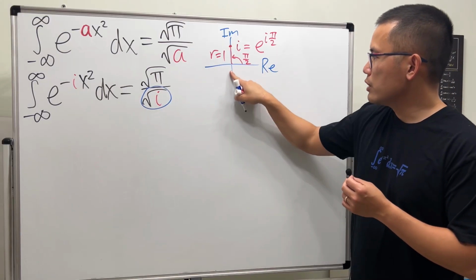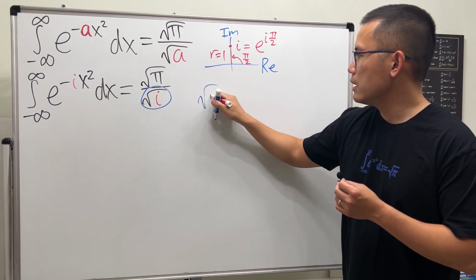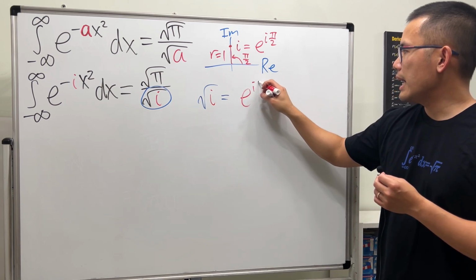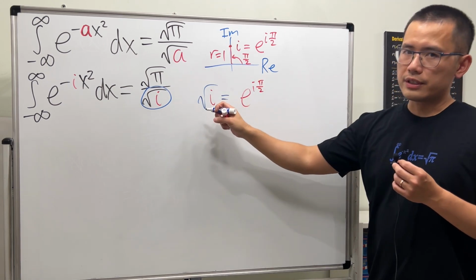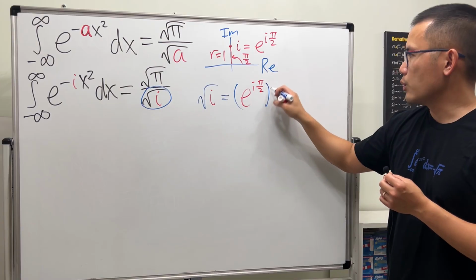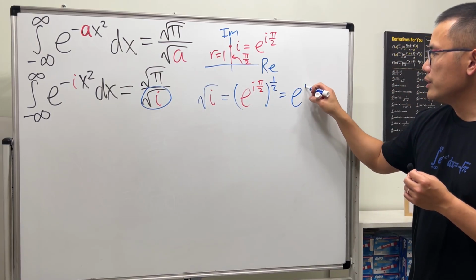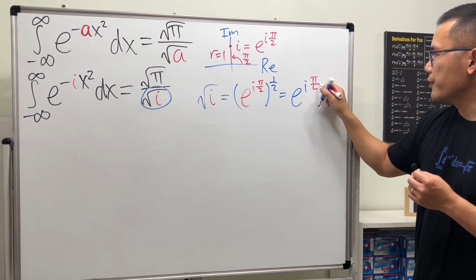So, square root of i is the same as, inside here, e to the i pi over 2. And for the square root, we can just write that as the 1/2 power. Now multiply the powers, we get e to the i pi over 4.